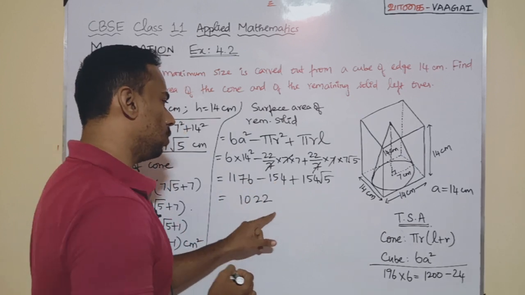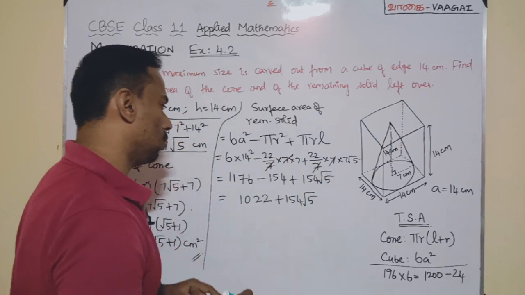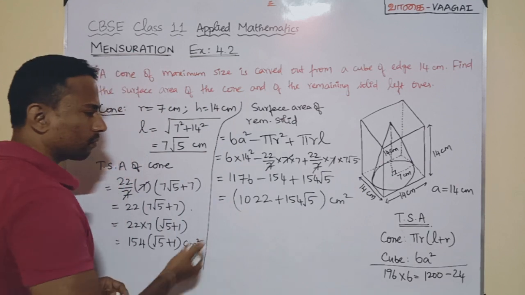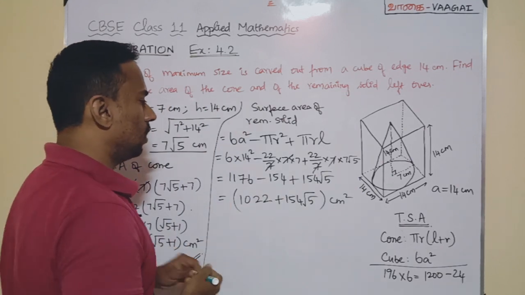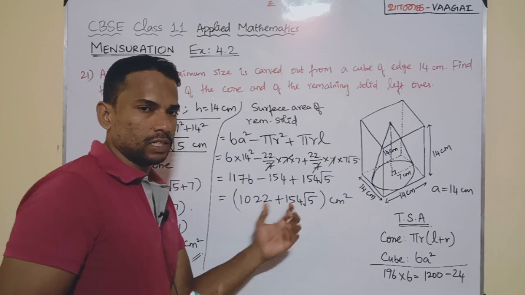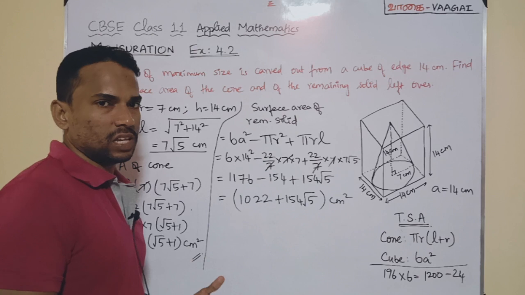So 1022 plus 154 root 5, this many centimeters square. Because this is in the form of roots, you have a surd here, so I can simply leave it as it is. So this will give you the answer for the surface area of the remaining solid.